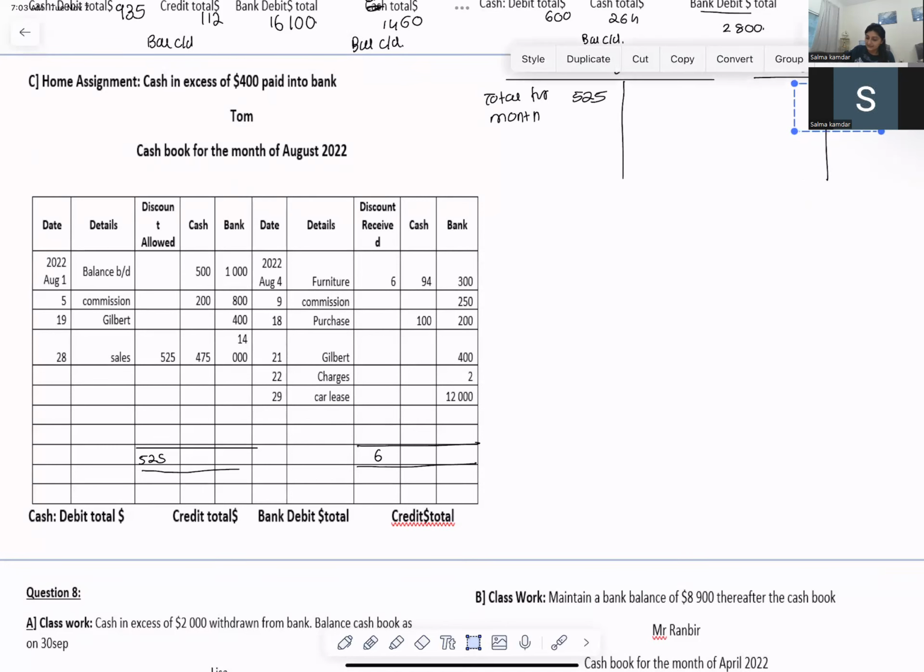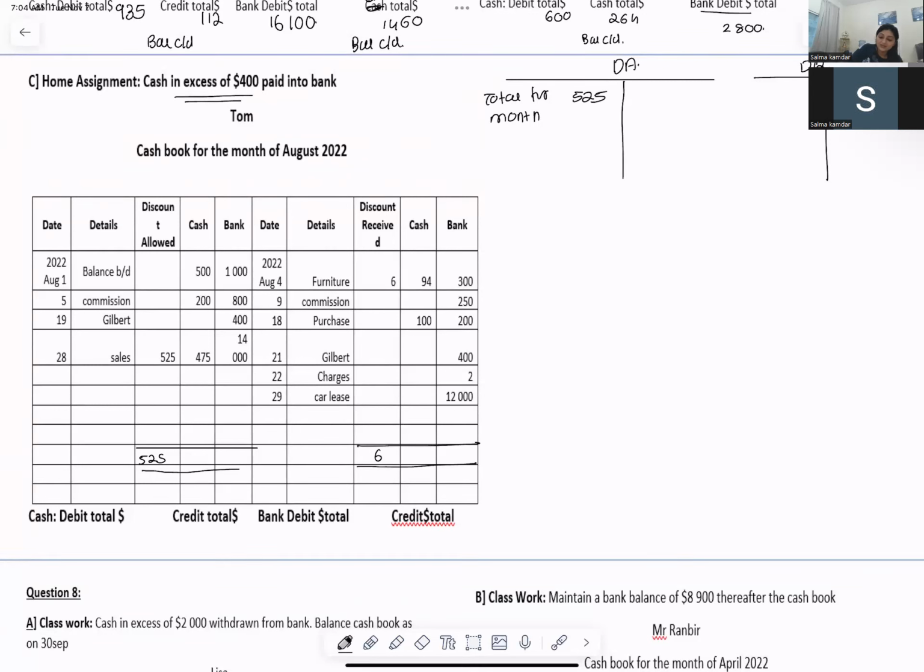Now let's go ahead. Cash account. What is the total of the cash account? Cash account always has a debit balance. But now here they have given us an instruction. Cash in excess of 400 is paid into the bank.